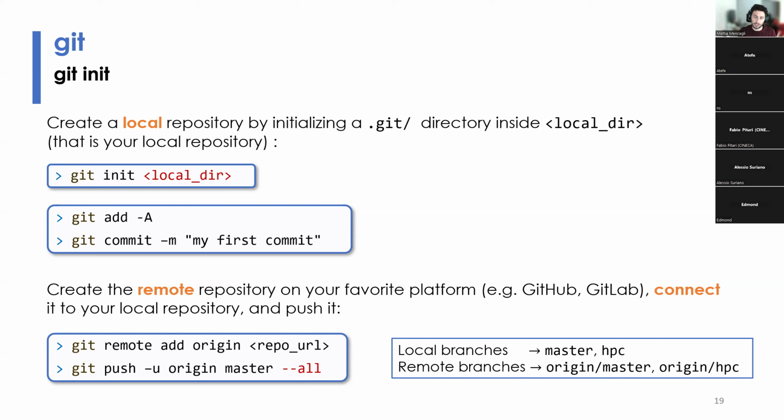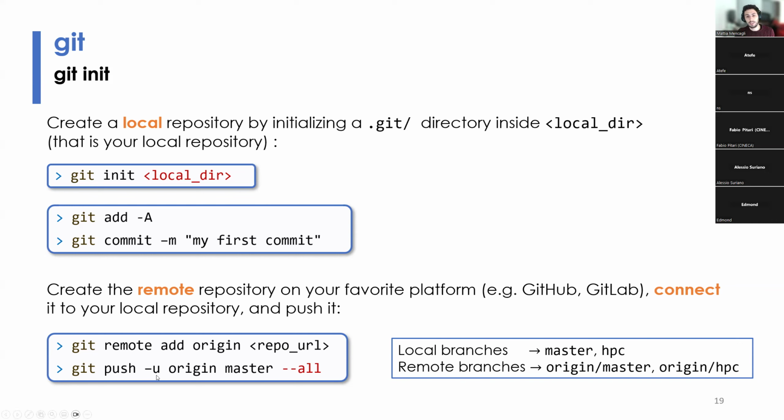After the connection between the local repository and the remote repository, you will need to push. You cannot do a normal push since on the remote repository those branches don't really exist. You have the name origin, but master and HPC don't exist. Therefore, you have to push an upstream version of these branches.